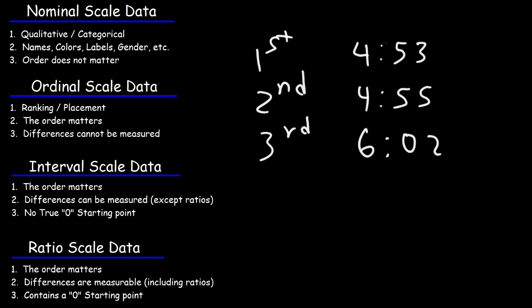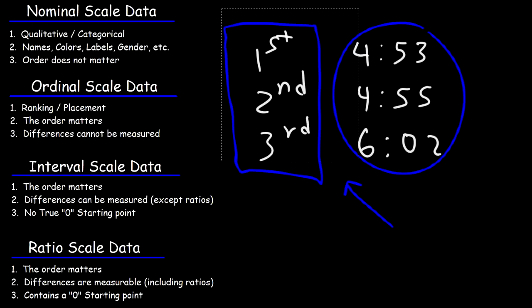And so the difference between the first and the second place winner is much different than the difference between the second and the third place winner. If you don't have the time, you can't really use this data to measure the difference. So this is ordinal scale data because differences cannot be measured unless you're given this data.